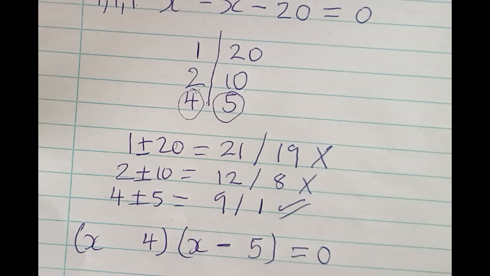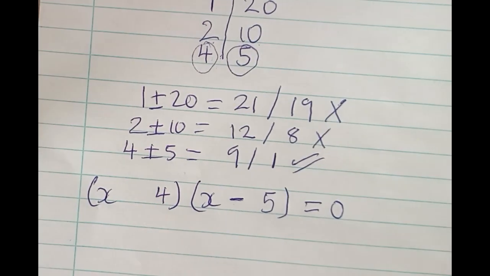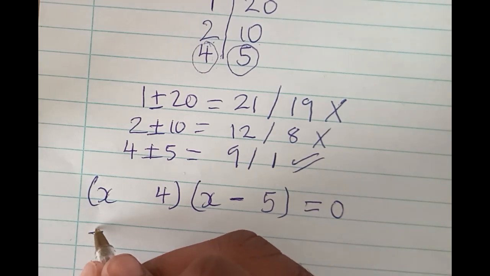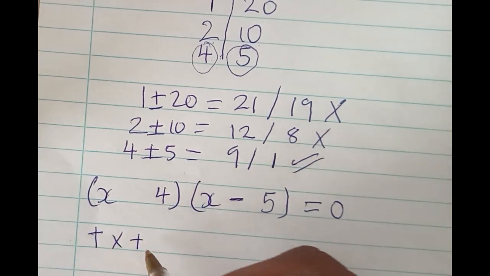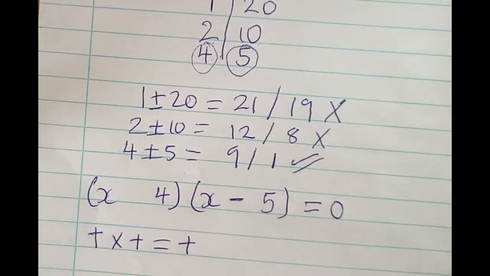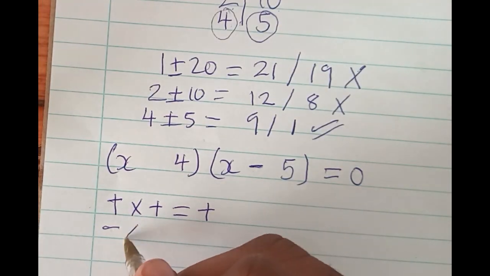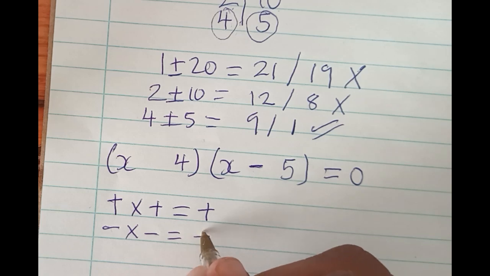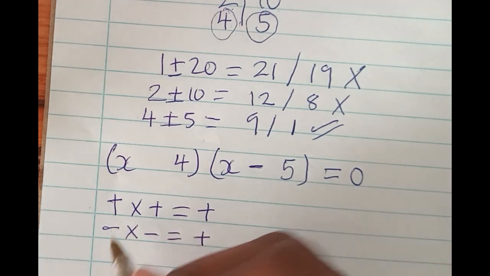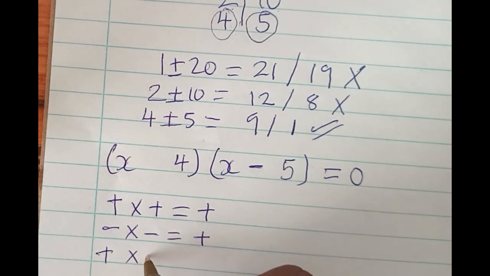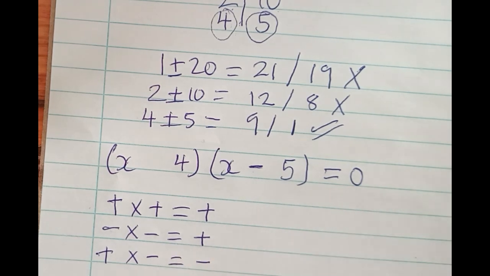I'll teach you a new thing before I answer that one. A positive multiplied by a positive is positive. A negative multiplied by a negative is positive. A positive multiplied by a negative is negative.